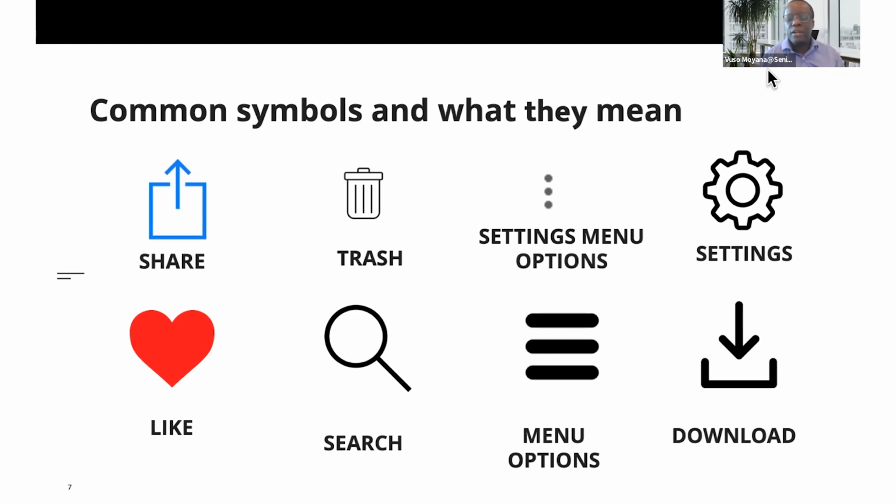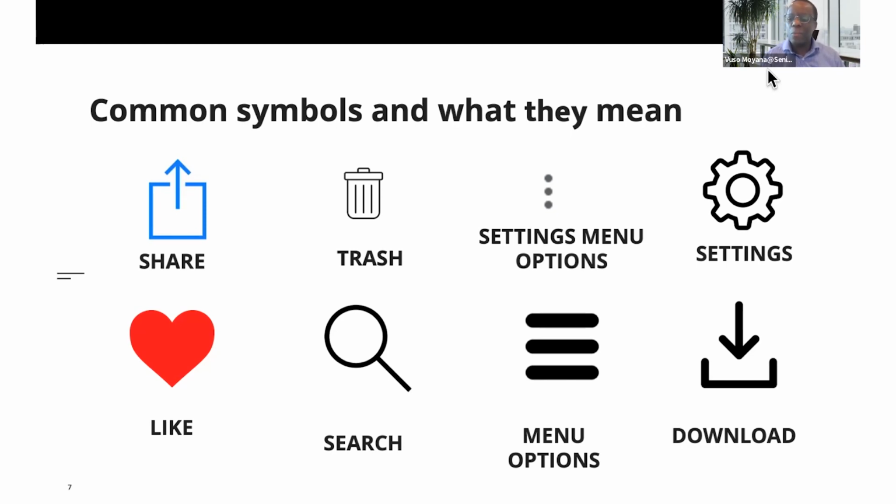If you see 3 bars, it means that there is a menu behind it. Some people call it the hamburger icon or the drawer icon. Those are menu options that allow you to choose how you want to proceed. So that's what those 3 bars are.